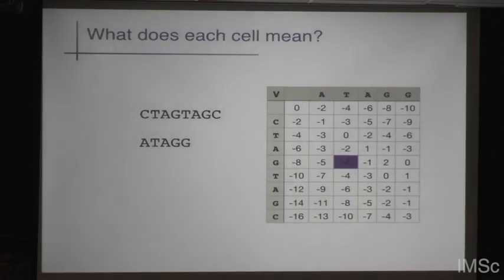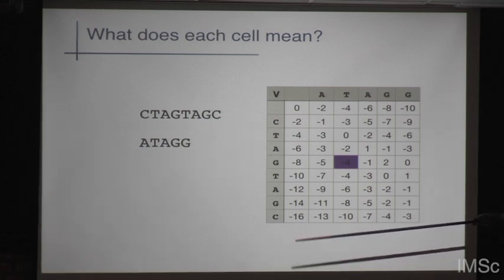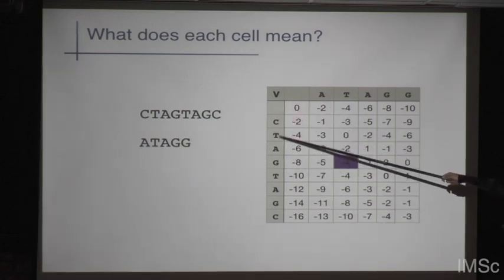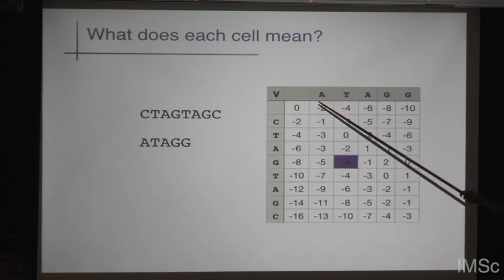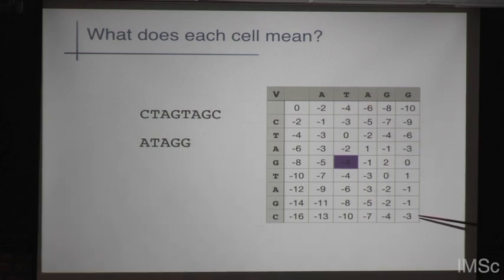So what does each cell mean? What does -4 mean? This is the maximum similarity score of aligning this prefix of x with this prefix of y, right? This is the complete answer.